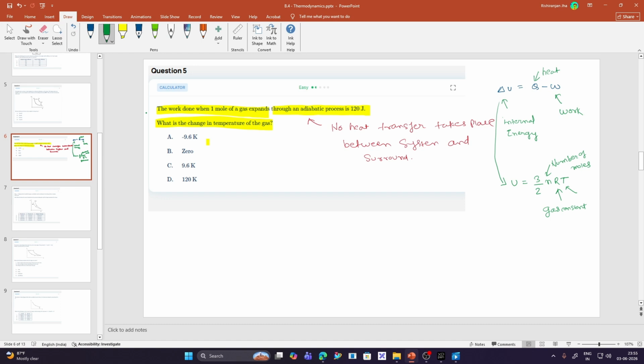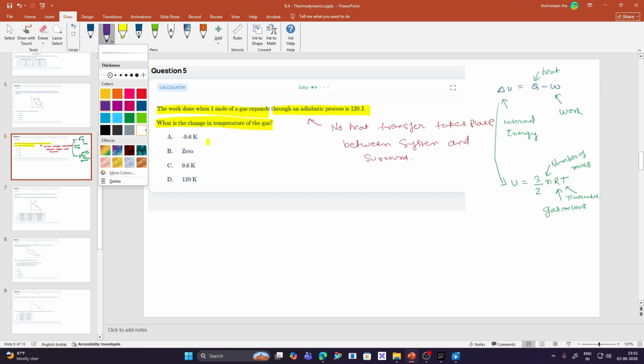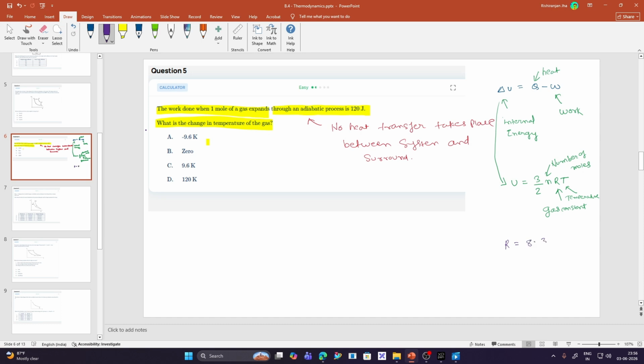T is temperature. Right? So we will be using these two equations to find the change in the temperature of the gas. Now, we are very much aware that the ideal gas constant, R, is equal to 8.31 joules per Kelvin per mole, right? So we have to use this data while solving the numerical.